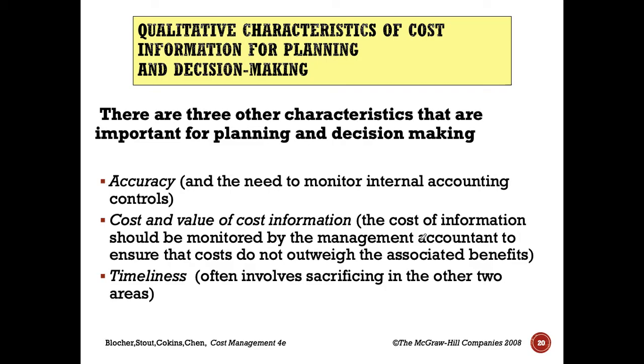And then cost and value of cost information. The cost of information should be monitored by the management accountant to ensure that costs do not outweigh the associated benefit. Timeliness often involves sacrificing in the other two areas.